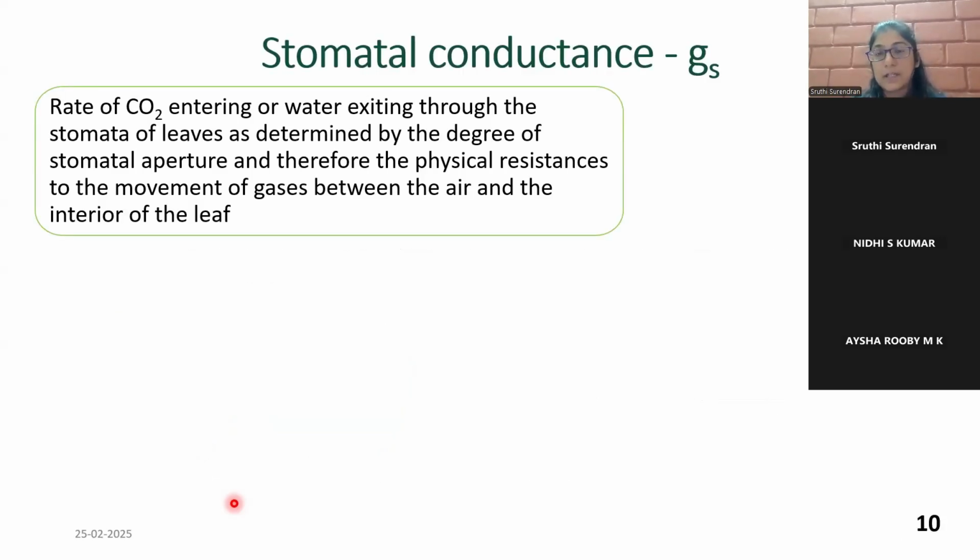By definition, stomatal conductance, which is represented by Gs in most equations and modeling, is the rate of carbon dioxide entering or water exiting through the stomata of leaves, as determined by the degree of the aperture of the stomata, and also the response to the physical resistance offered to the carbon dioxide and water vapor from the interior of the leaf to the atmosphere.